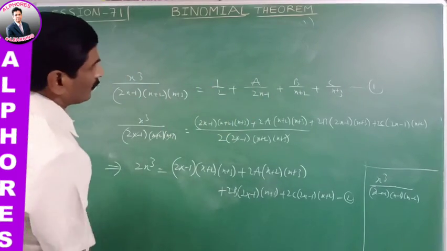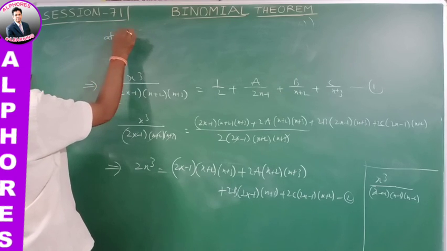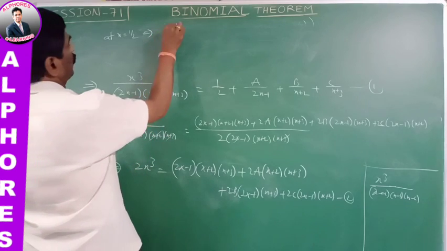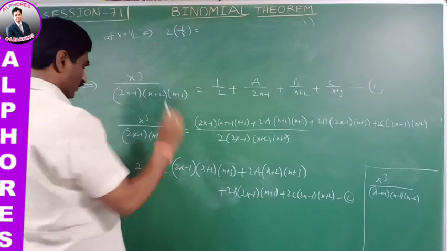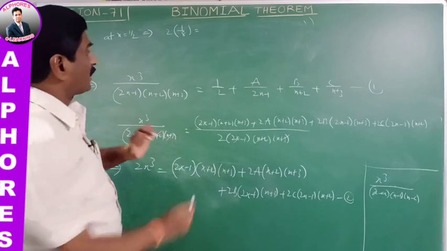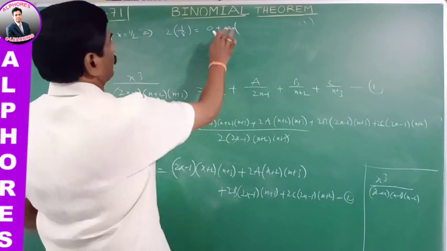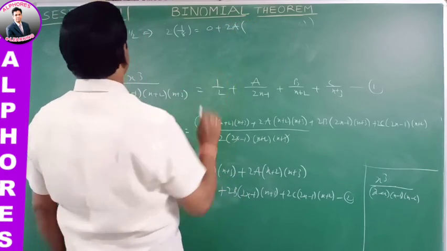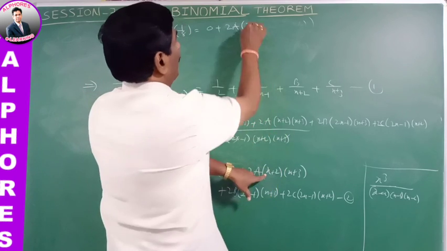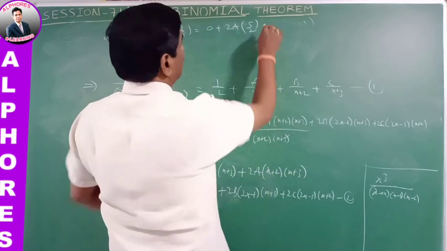For getting A, put x equal to 1 by 2 in equation 2. 2 into 1 by 2 whole cube means 1 by 8 is equal to, here 2 into 1 by 2 means 1 minus 1, this value is always 0. So 0 plus 2A of, here x is equal to 1 by 2, 1 by 2 plus 2 means 5 by 2, and 1 by 2 plus 3 means 7 by 2.